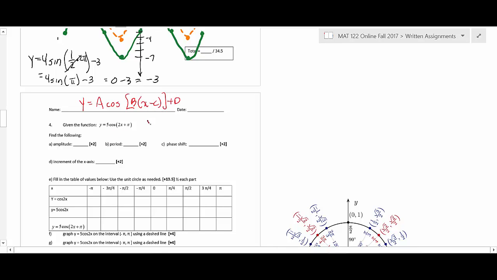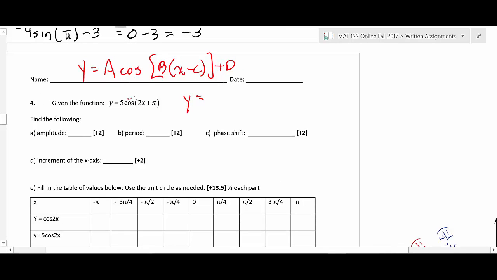So the first thing you want to do is factor this out. Okay, so that 2 needs to come out of that parenthesis. So you have 5 cosine, bracket 2, and then fill in what goes in the parentheses. Well, that's an x, because 2 times x is 2x. And then this one, just take this number divided by that number, and that's what goes there. Okay, so you got to factor that out.